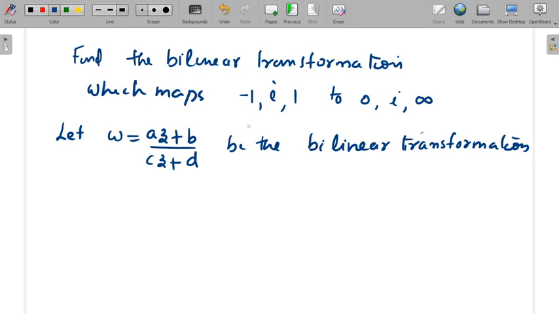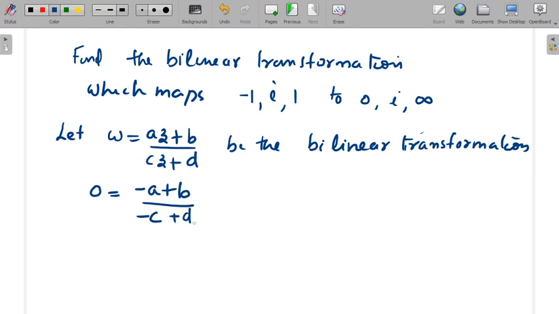So it means that from the given information, when you substitute Z as minus 1, you should get W as 0. Giving Z the value I, you should get W as I itself. Giving the value 1, you should get W equal to infinity. So substituting Z as minus 1, we get 0 equal to (minus a plus b) divided by (minus c plus d).